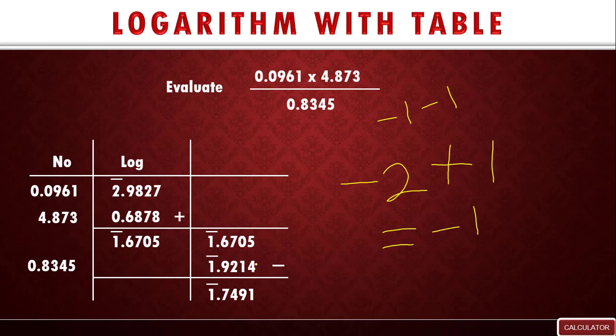And the next thing will be this minus that we have, that is subtracting them, minus. Then you can see we have bar 1 here, which also means minus 1. But this particular one right here, let's try to bracket it.